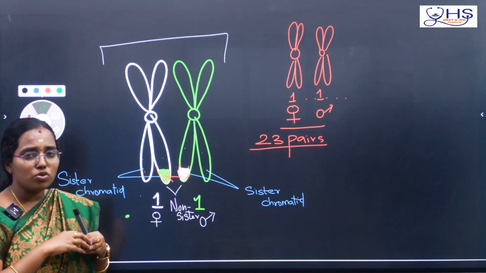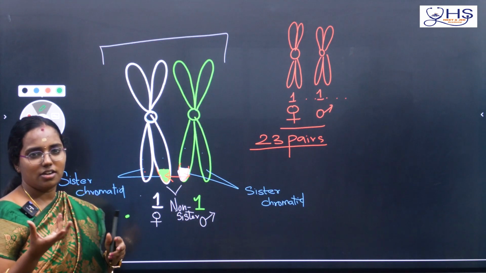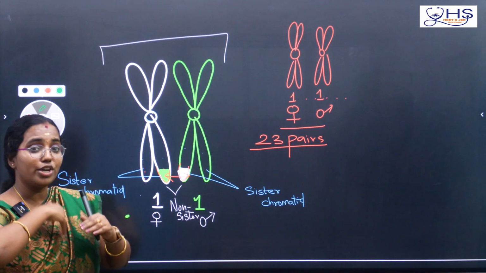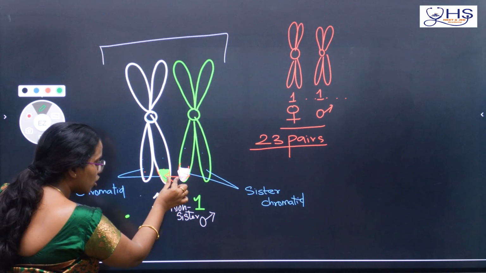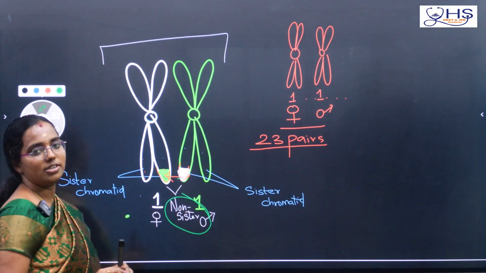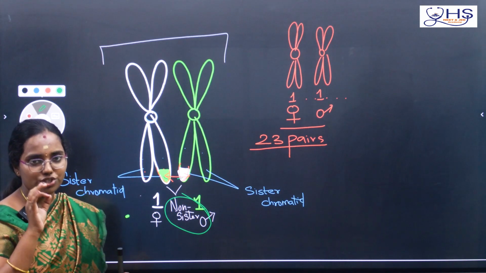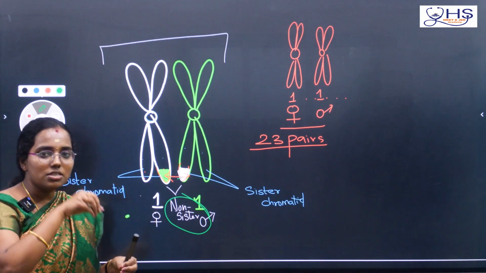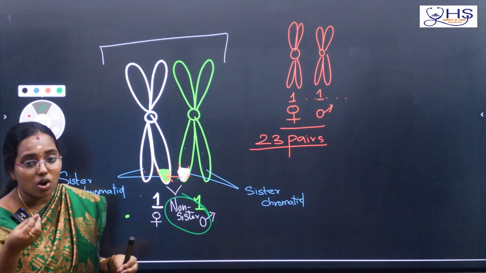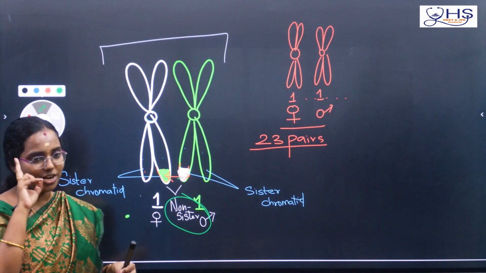Now there is no use if maternal chromosomes only talk to maternal chromosomes. So maternal is going to gossip with paternal chromosome. Now these both are called non-sister chromatids. So in the exam you have to check clearly whether the crossing over occurs between sister chromatids or non-sister chromatids. You have to check two words.